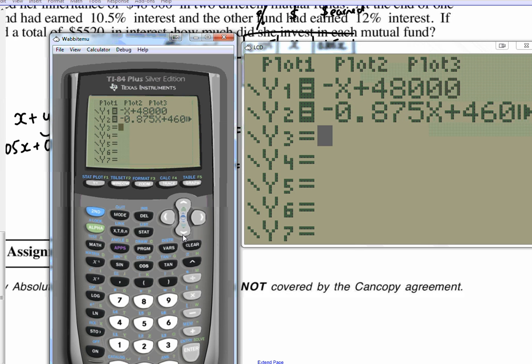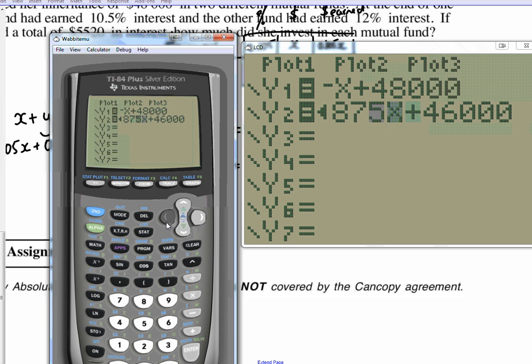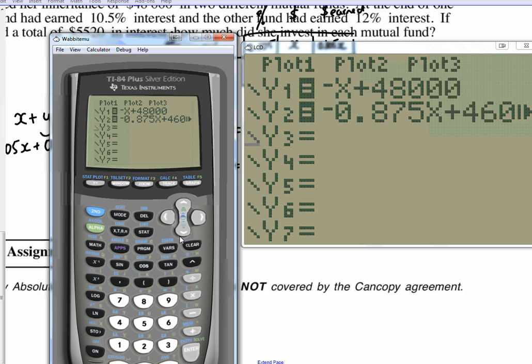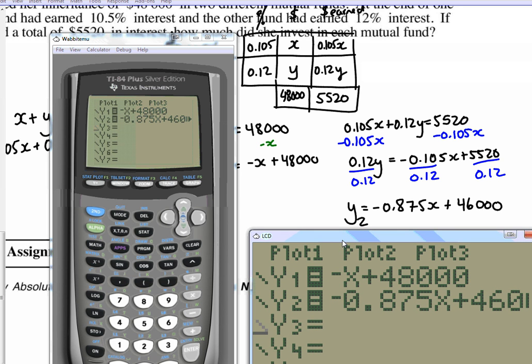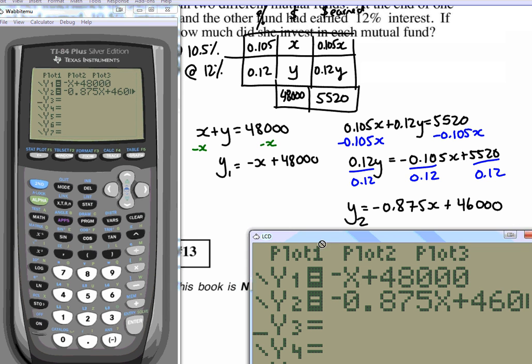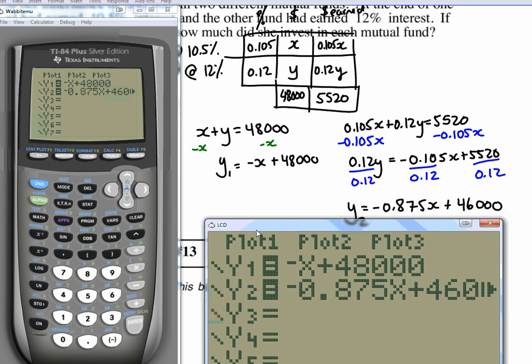Okay, so everyone get your equations in, and we'll do our windows together. The second equation is plus 46,000, right? Okay, so it's right there. Okay, are we good to go?